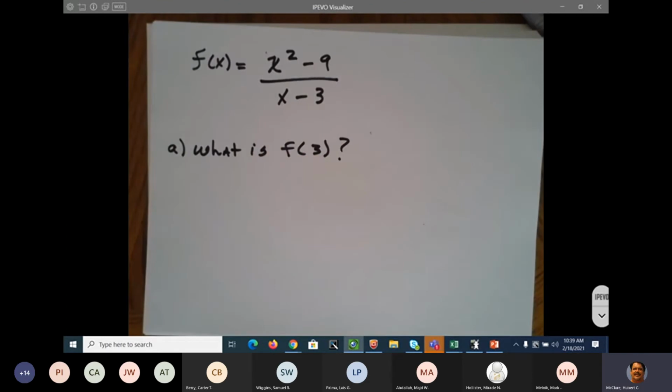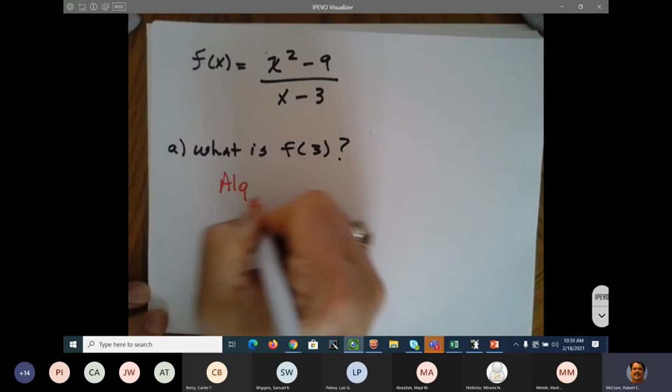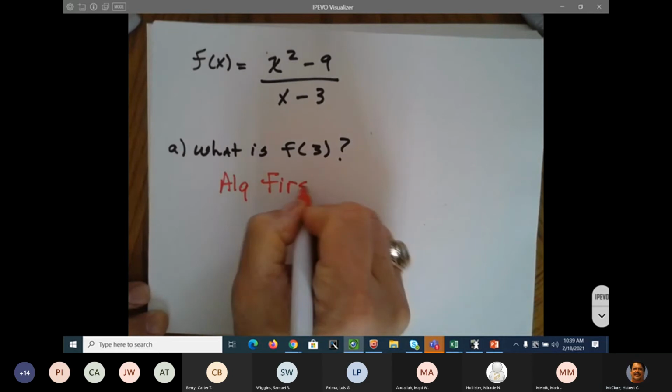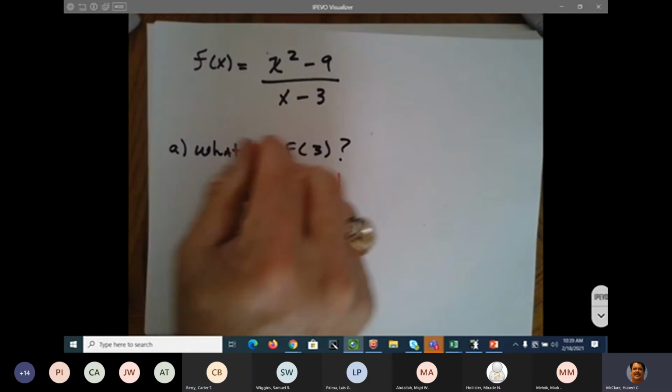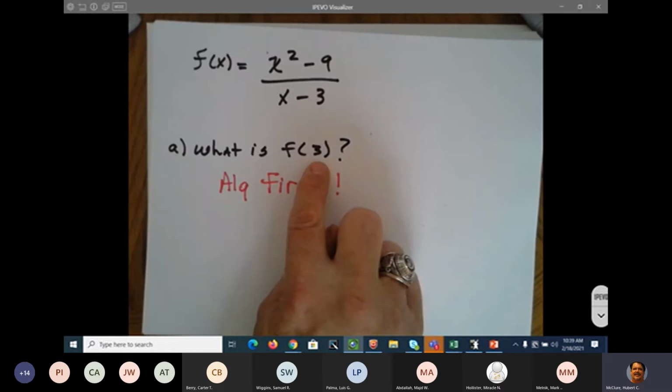So I'm going to put a red marker under this. Algebra first. Okay, so what are you going to do with this before you plug in that 3? You're going to break it up.